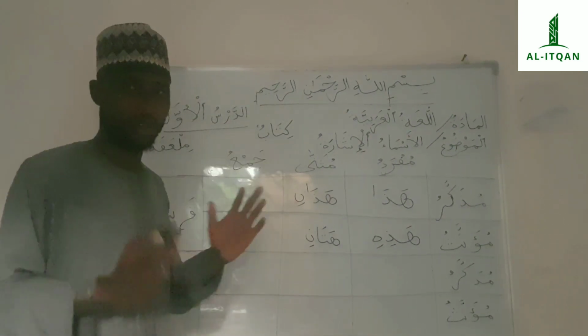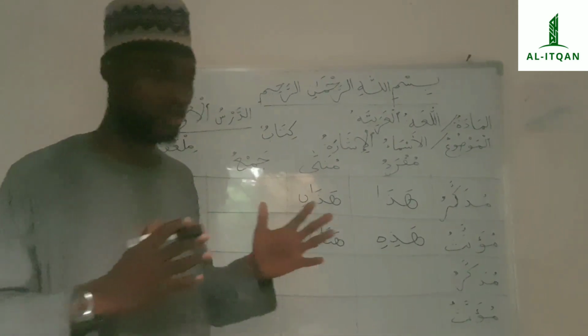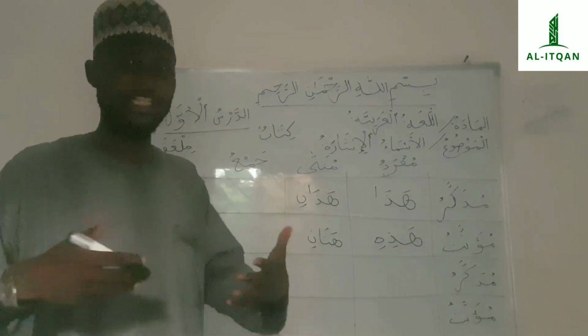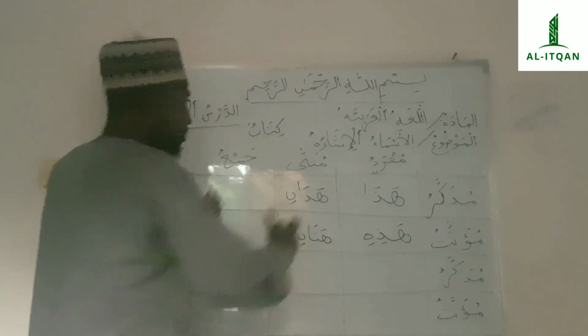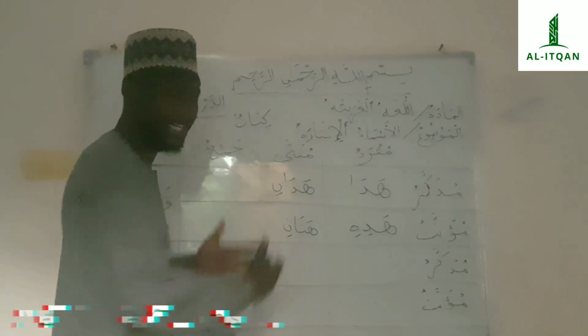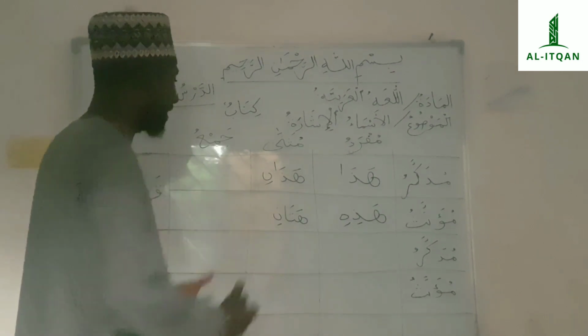Hada kitabun, this is a book. Are we following? We are still coming to how to change a noun from singular to dual, then to plural. But for now, this is the table. So when you have a dual noun, you say hadani if it is masculine. If you have feminine, you say hatani.